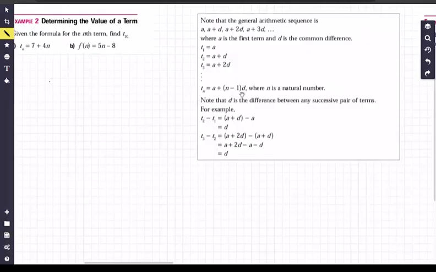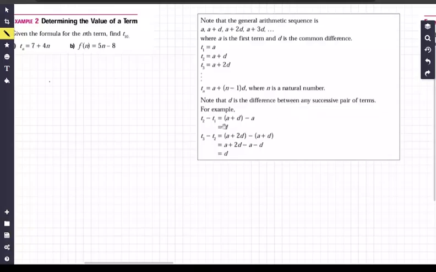Until we reach Tn, we actually have this formula, which helps us find Tn. The formula is Tn equals A plus n minus 1 multiplied by D, where n is always a natural number, so it can't be a decimal, it has to be a whole number. Note that D is the difference between any successive pair of terms.